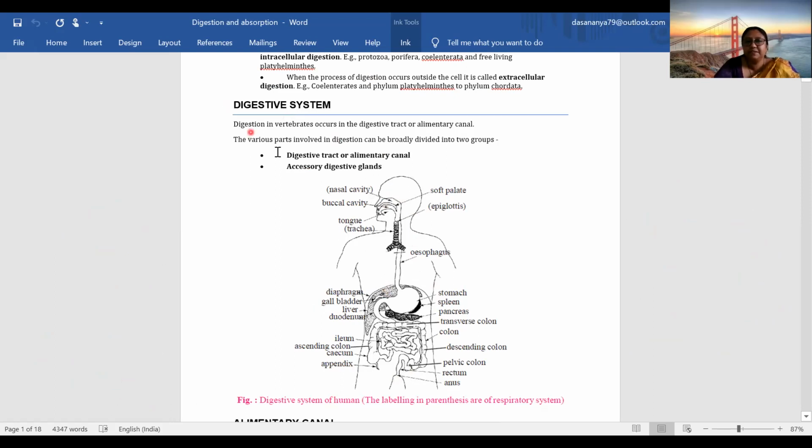So the digestive system is a combination of the digestive tract or alimentary canal and accessory digestive glands. So these are glands which are present as a part of the tract, and from where our alimentary canal starts.